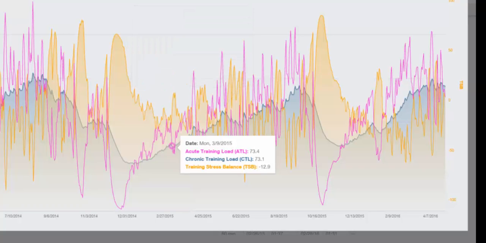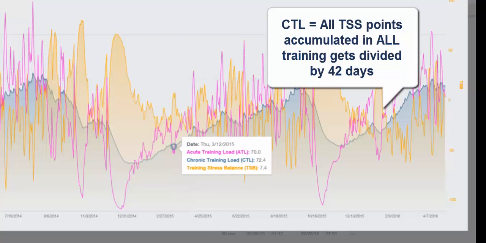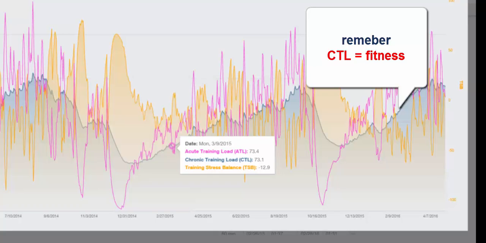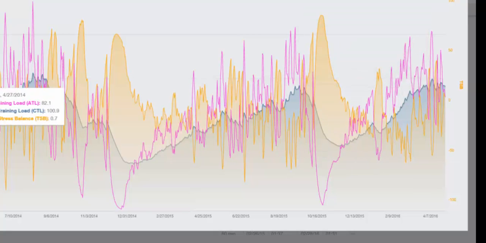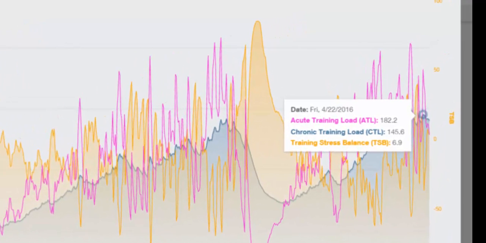Okay, so in this case, all the points that she has accumulated over different weeks get divided by 42 days and give you this CTL, or chronic training load, which on your homepage is defined as fitness. So if we go to this year, this is for the past 2 years, her most recent CTL for swimming, biking, and running was 145.6 points.